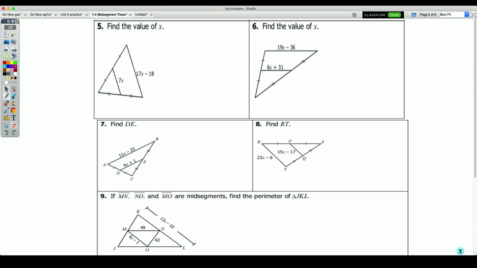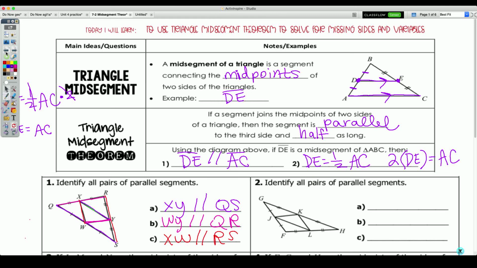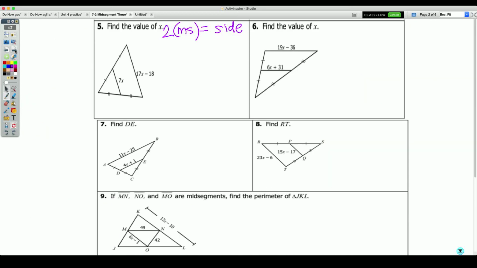Okay, looking at number 5, this is where we're going to use the setup that we did earlier. So I know that I'm doubling my mid-segment. So if you can write this down with me, 2 times my mid-segment equals my side. So really we just have to identify which one's the mid-segment here.